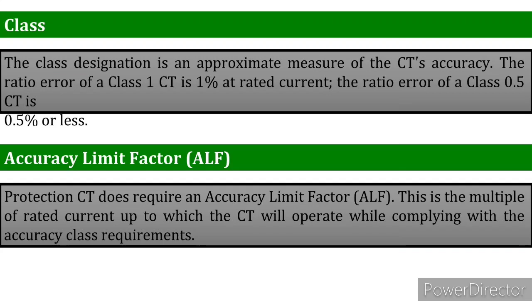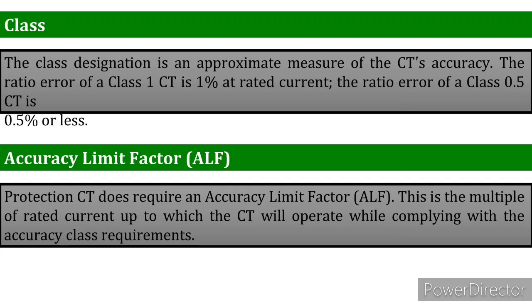Like burden and short time rating, there are two more factors. One is class. The class designation is an approximate measure of a CT's accuracy. The ratio error of a class 1 CT is 1% at rated current.